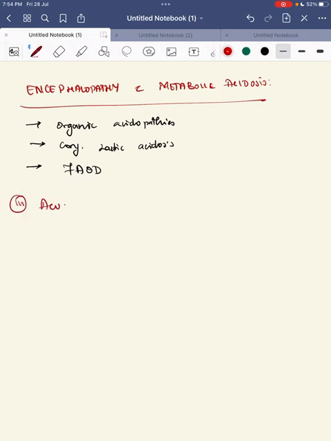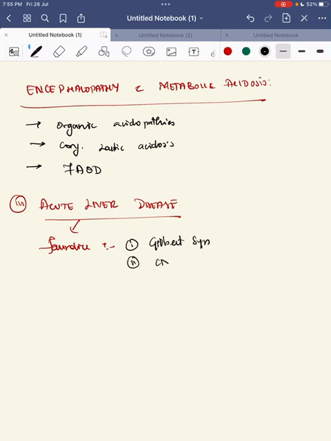The third presentation can be acute liver disease. In acute liver disease, the child can present only with jaundice. When the child presents only with jaundice, it can be due to Gilbert syndrome or Crigler-Najjar syndrome.